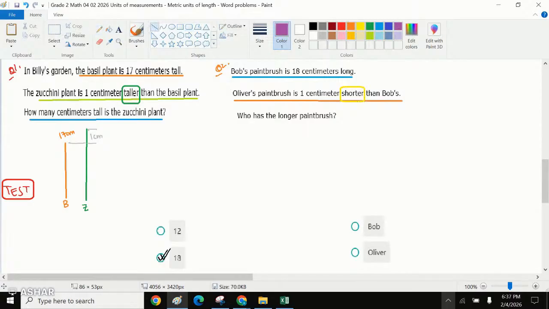They're asking us who has the longer paintbrush? Shorter means smaller in length, right? We don't have to find the lengths. We just have to tell who has the longer paintbrush.